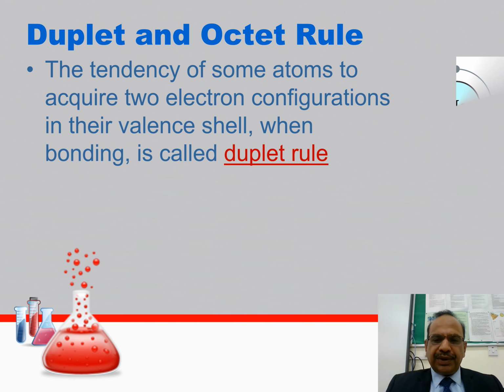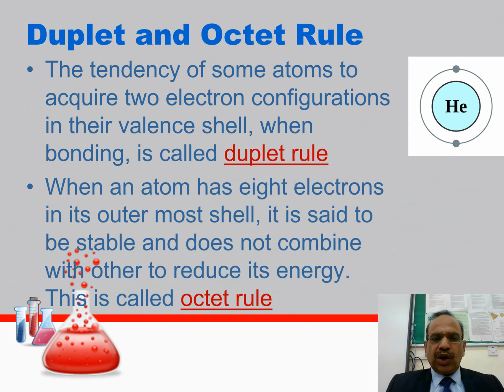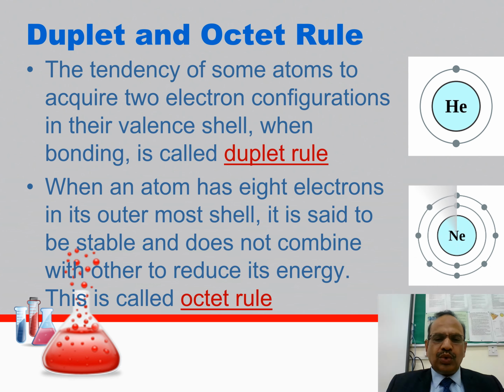And if any atom acquires an eight-electron configuration in its outermost shell to get stability, then it is called the octet rule, because in Latin, two is duo, so duplet, and eight is octa. On this basis, the terms duplet rule and octet rule are used.